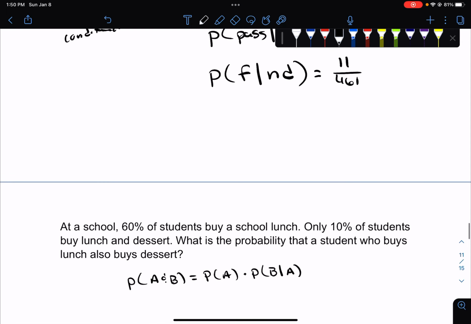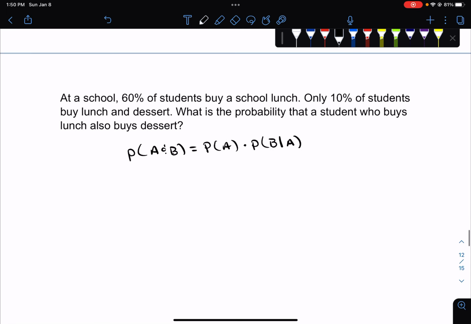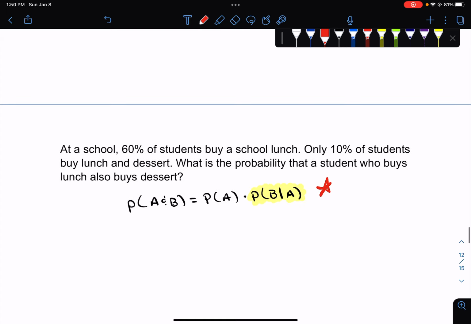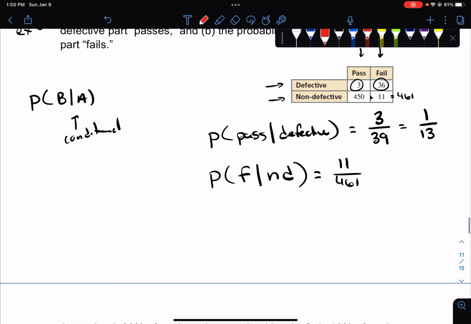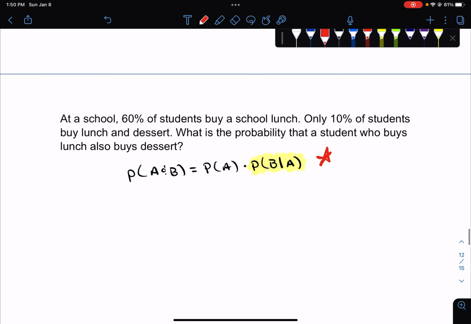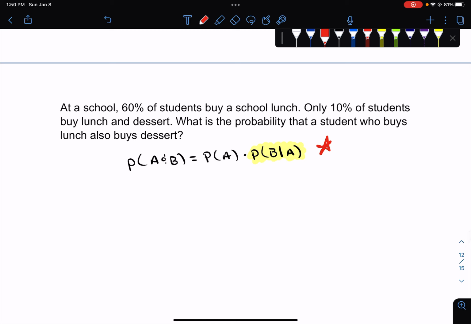Now this showed up in a formula. Earlier, you learned about dependent events, and this conditional probability showed up right here in the dependent event formula. We're going to use this formula to find conditional probability, because sometimes it gives you a table, which is really easy to do, and sometimes it doesn't. This one says, at a school, 60% of students buy lunch.